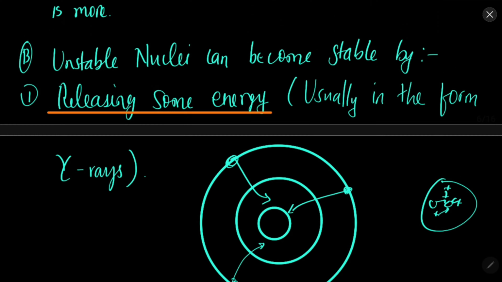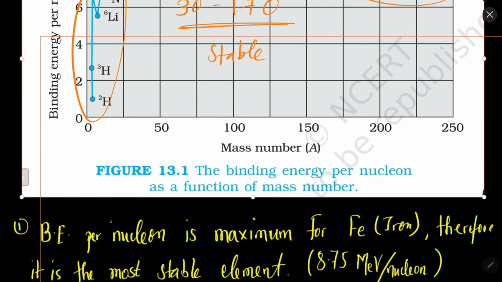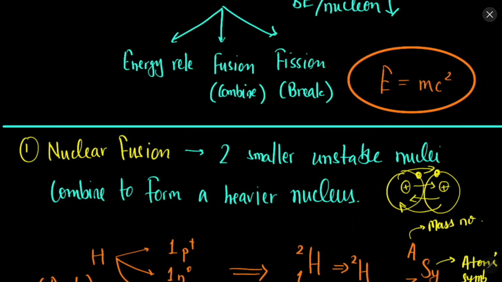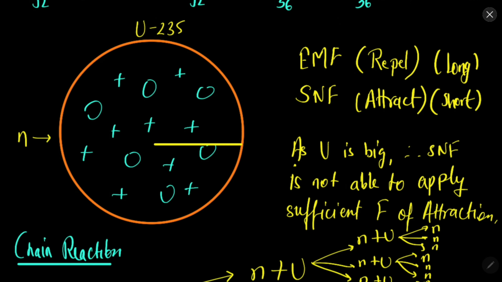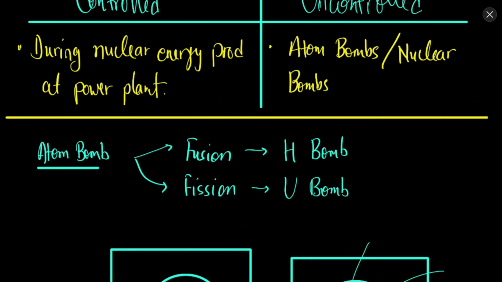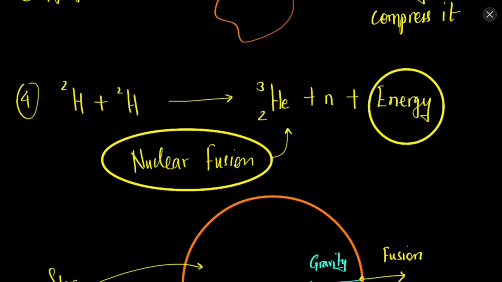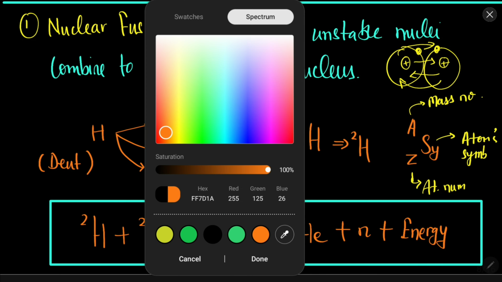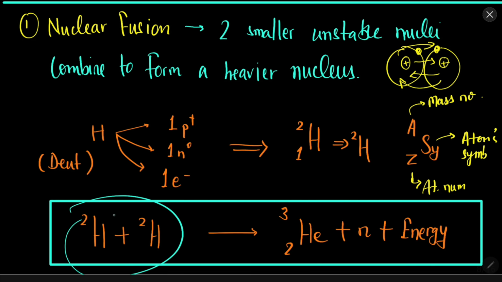If you look in the graph, this deuterium is very less stable, very less binding energy per nucleon. So this deuterium can be fused together to obtain a more stable element. These deuterons can add up or fuse together to give us helium, which is more stable than the deuterium atom.